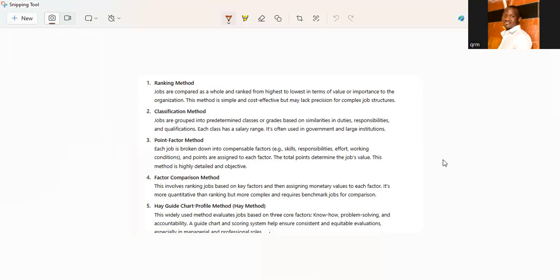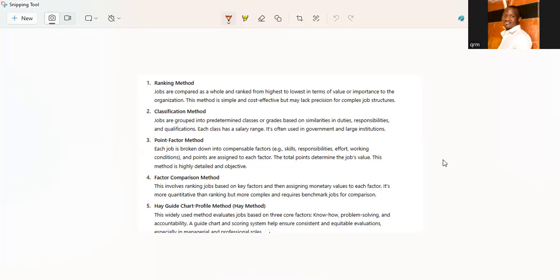Then we have the Hay guide, also called the Hay method. It's used to evaluate a job based on 3 core factors: the know-how, the problem solving, and accountability. It's a guide chart that has a scoring system, which helps to be consistent and equitable in evaluations.